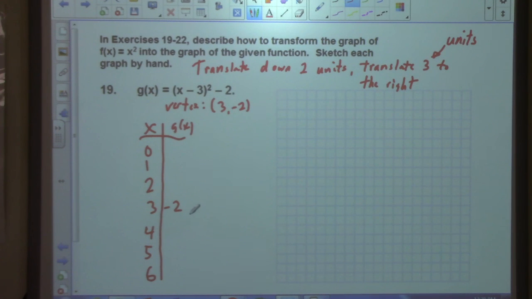That's plus 1, plus 3, plus 5. So add 1, get negative 1. Negative 1 plus 3 is 2. 2 plus 5 is 7. We go over here, negative 1, 2, 7.